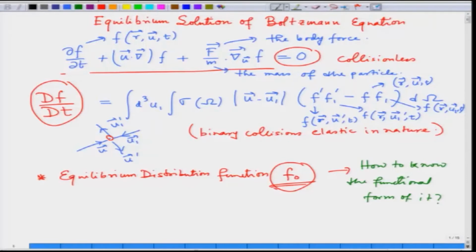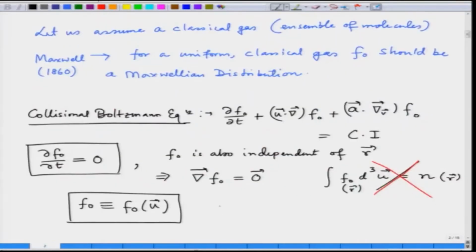Well, when we are talking about equilibrium, at equilibrium A or F by m is 0, because equilibrium is assumed from mechanical consideration a state where you have 0 force.